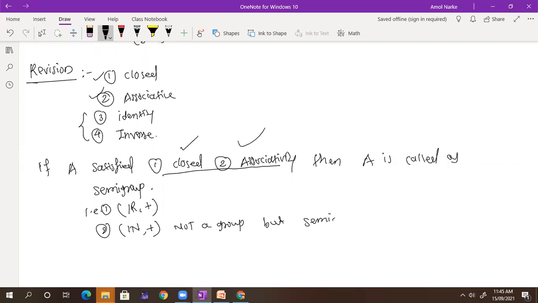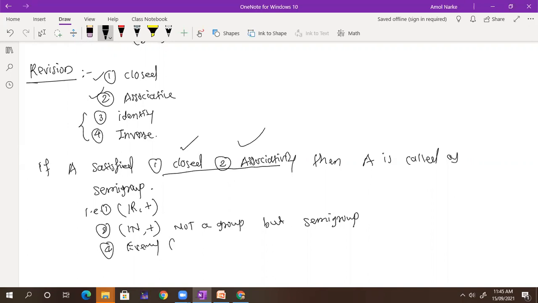Sir, means for a semigroup, only closed and associative properties should be satisfied? Yes, that is what the definition is. If A satisfies closed and associative, then A is called a semigroup. That's it.